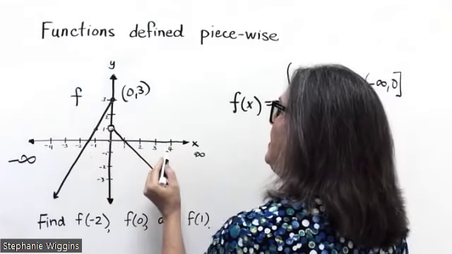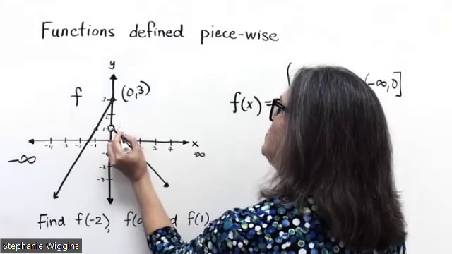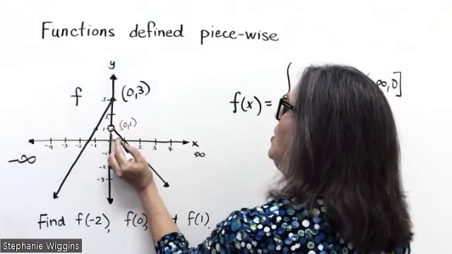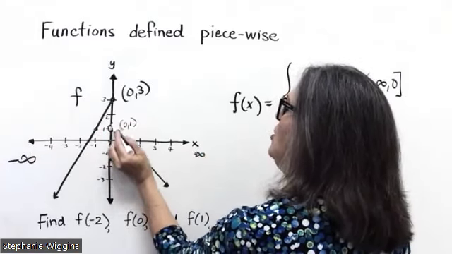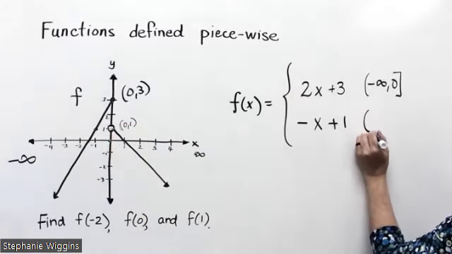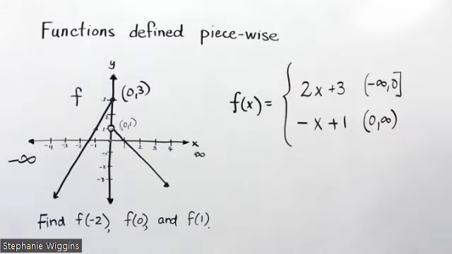So we're just looking at the x-axis, and so from this point, again, this point here is (0, 1). Don't look at the 1. Know that we're looking at x values, so we're starting at 0 and going to infinity. So we say it's from 0, not including 0, to infinity, like that.